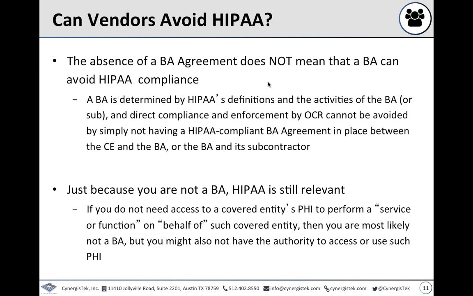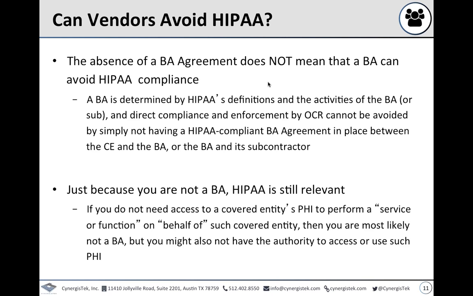One of the significant changes in the omnibus rule also makes clear that the absence of a BA agreement does not change the analysis of whether or not there is a BA obligation. So this is a discussion in the rule regarding analysis using the federal rules of agency, sort of a technical legal issue.